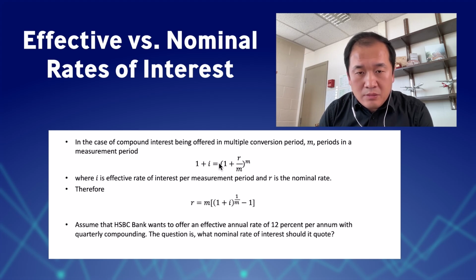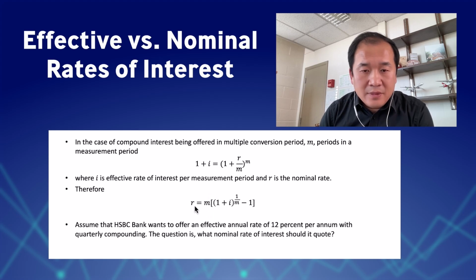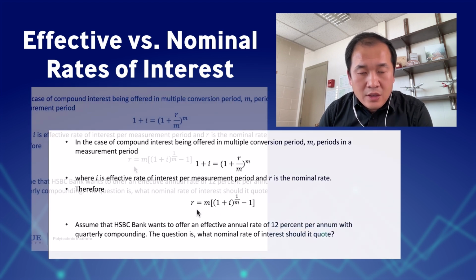Then you put them together and compound to the power of n, which is 12 times in a year. This equals 1 plus I, where I is the effective rate of return. This is the formula for converting between effective and nominal rate of return. If you want to calculate the nominal rate of return from the effective rate of return, you just do the opposite, you convert it, and this is the equation.